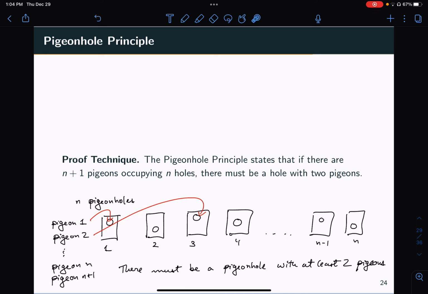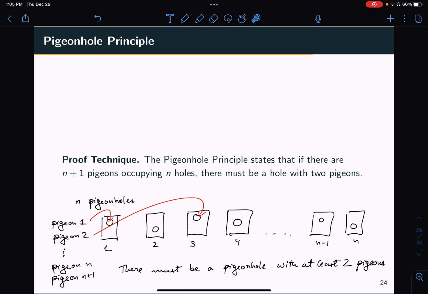Well, once the n plus 1th pigeon comes and tries to find a place to nest or sleep for the night, it'll have no choice but to go and share a pigeonhole with another pigeon, right? Because from the n pigeonholes that it can select, each of them is taken by a pigeon.